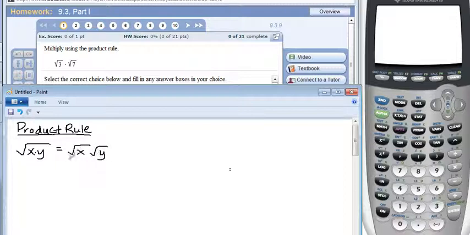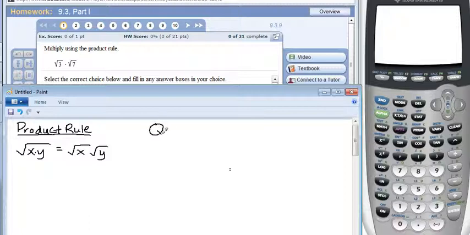Now I can go this way and split it, or I can take these two and combine them. The only way that I can combine them is if this index and that index match. If they're different, then I can't stick them underneath one. Then we'll look at different ways of reducing those.